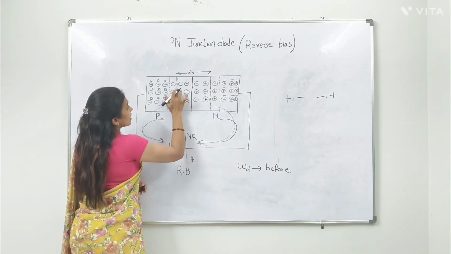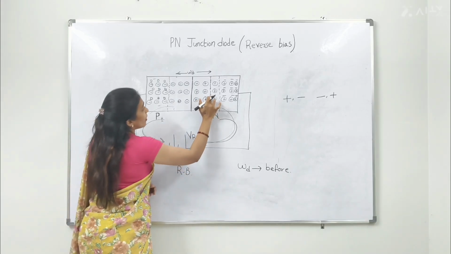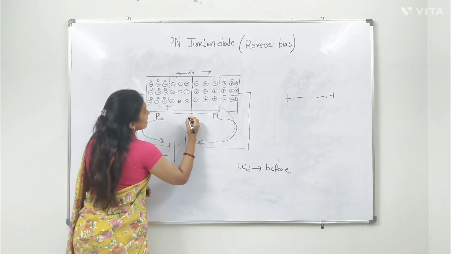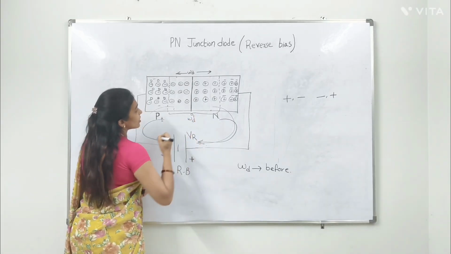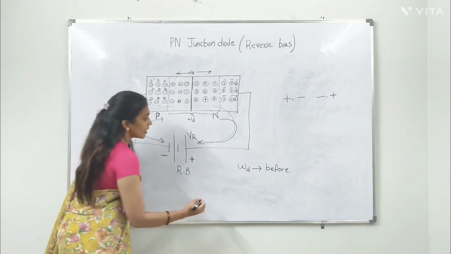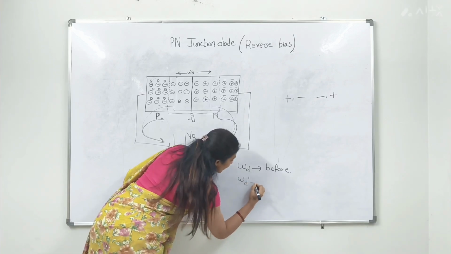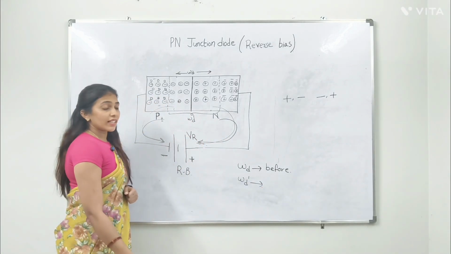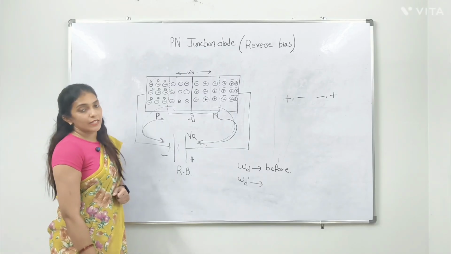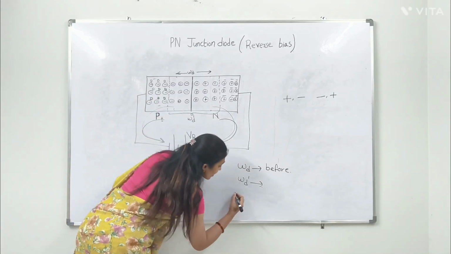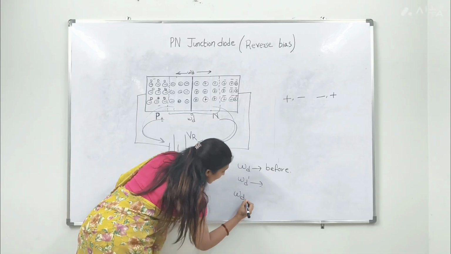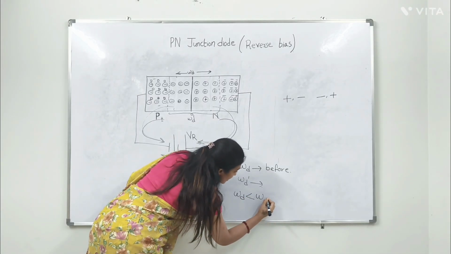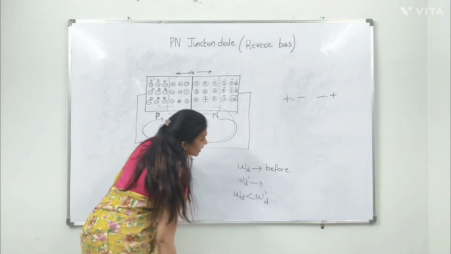Now the depletion width increases from WD to WD dash. So here WD dash is the depletion width after reverse biasing condition. Obviously WD is less than WD dash.